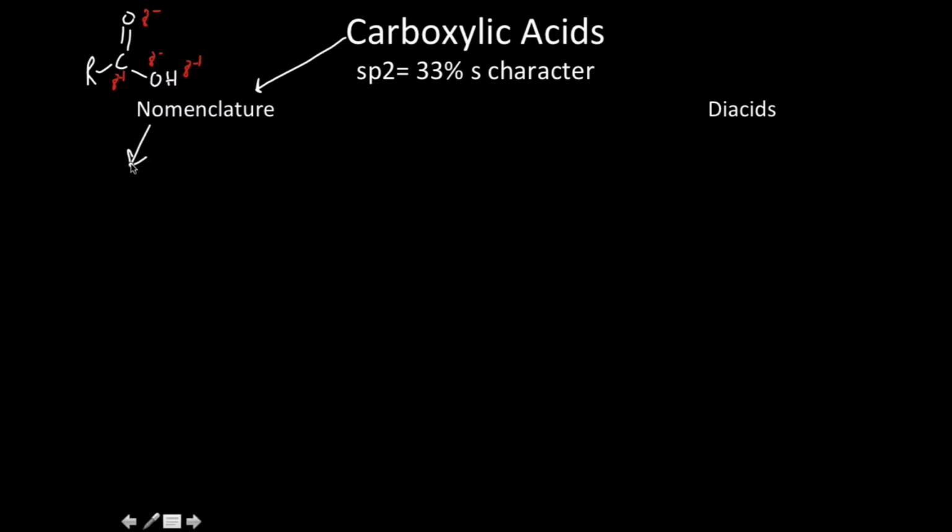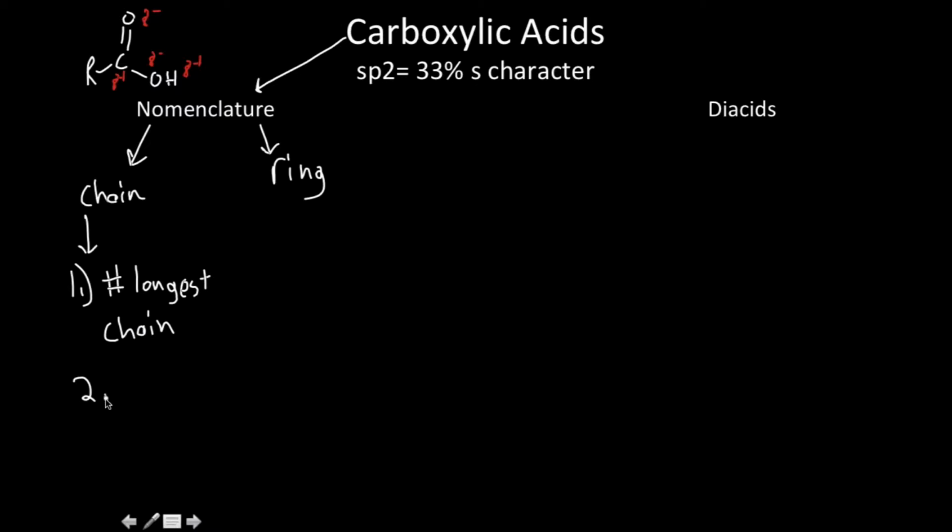For any type of substituent group, there are two types of nomenclature: when it's involved in a chain, an alkene or alkane chain, and when it's part of a ring. When it's part of a chain, there are three steps. The first step is to number the longest chain. The second step is to give the carboxylic acid the number one priority.